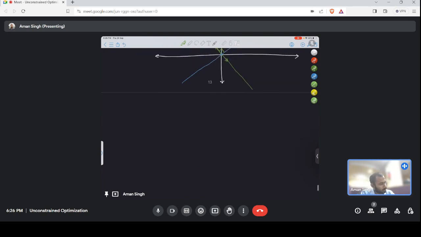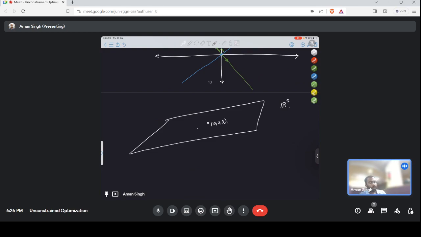Let's look at the example in R3. I'll not draw the coordinates. This is R3 space, and this is the origin. What will be the orthogonal complement of this plane? This is the subspace, an infinite plane passing through the origin.